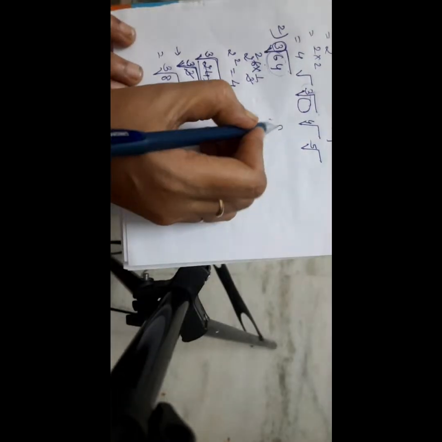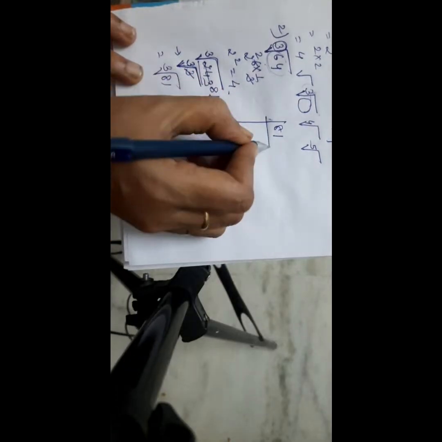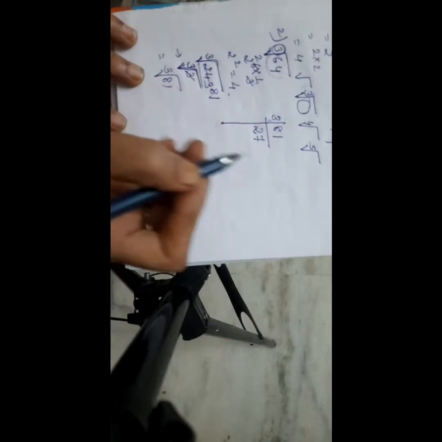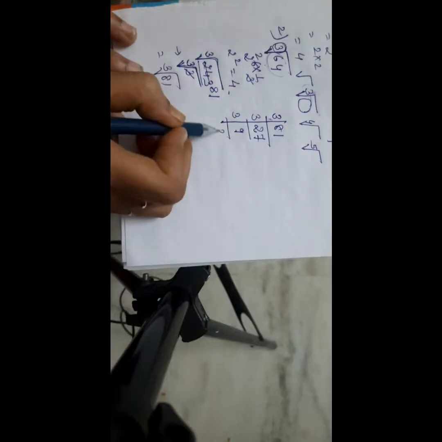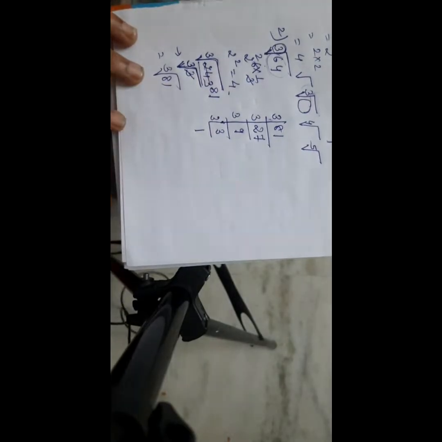What else did I tell you? Once a number is in a root, we need to find the prime factors of it. So here 81 is there. Find the prime factors. 81 comes in the 3 table: 3 sevens are 21, 3 nines are 27, 3 threes are 9, and 3 ones are 3.